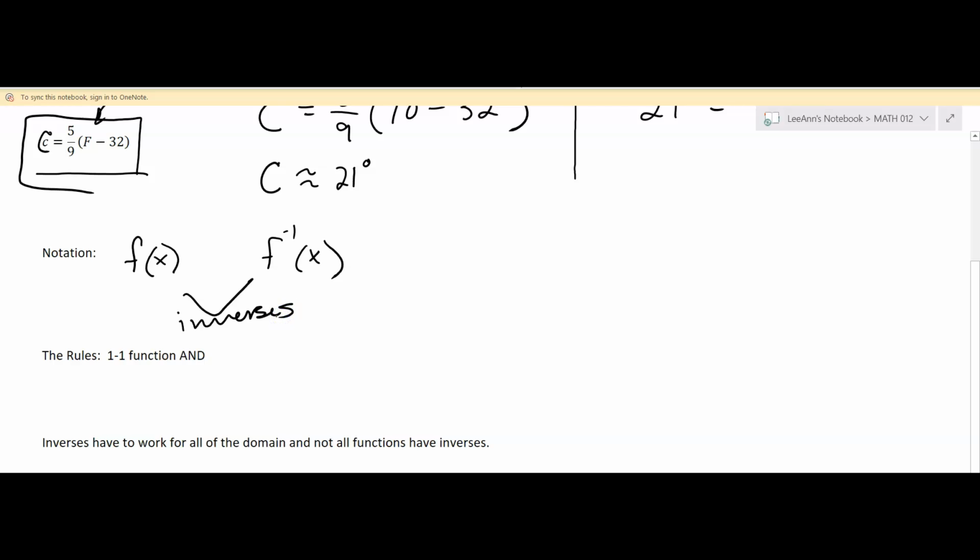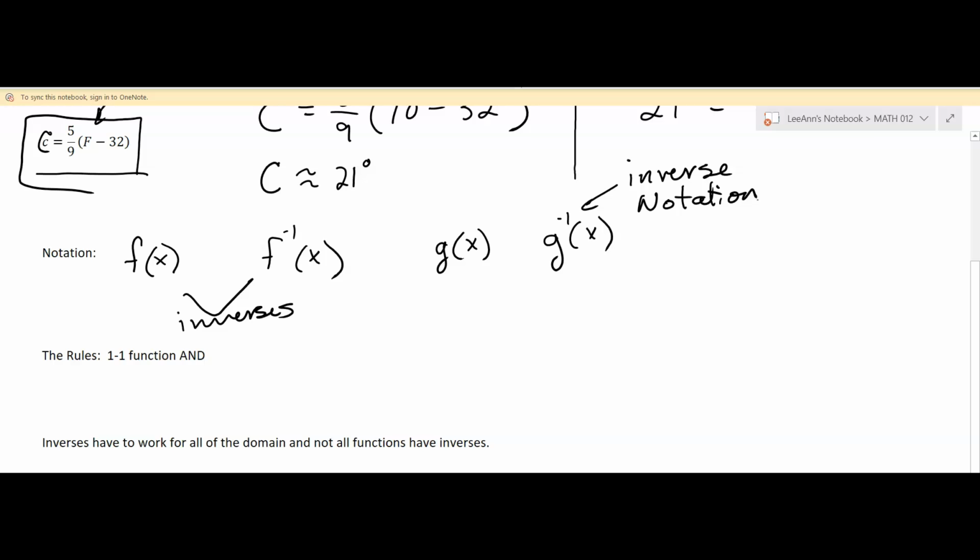If you had g of x for a function, its inverse would be represented by g inverse of x, and that's how it's read. That is not a negative exponent. It is inverse notation. I know it looks like a negative exponent, but this is inverse notation.